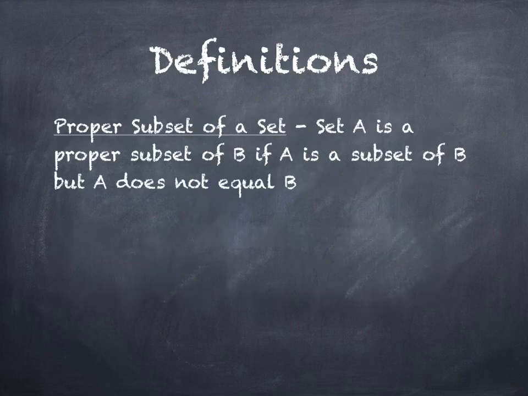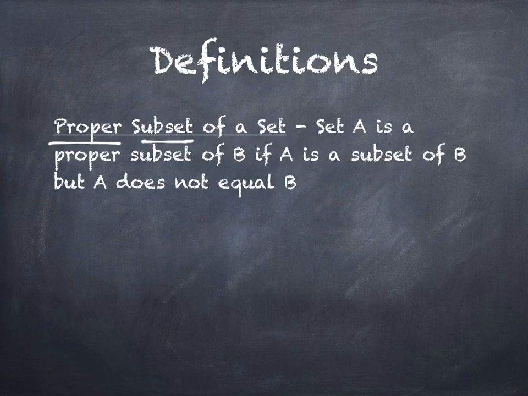I haven't said something yet because it's on the next slide, but we also have an idea of a proper subset. Okay, so there's two words here, the word proper and then the word subset. So first thing is, if it's a proper subset, first of all, it had to be a subset to begin with. Okay, so that sounds good, right? So we're not going to put the word subset into something that wasn't already a subset. The issue about it being proper has to do with the fact that it's not actually equal to the set itself.